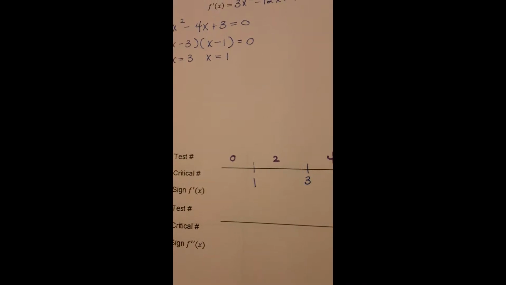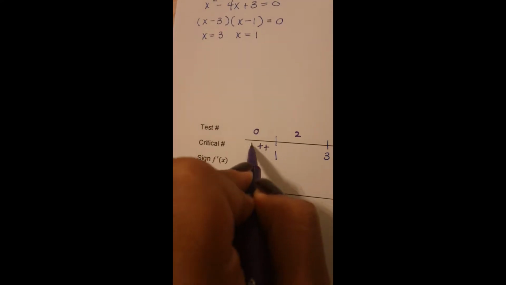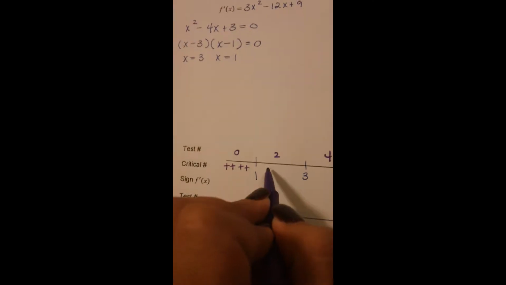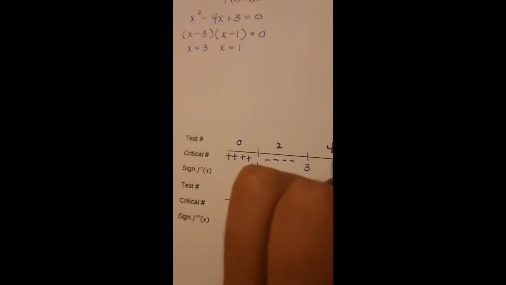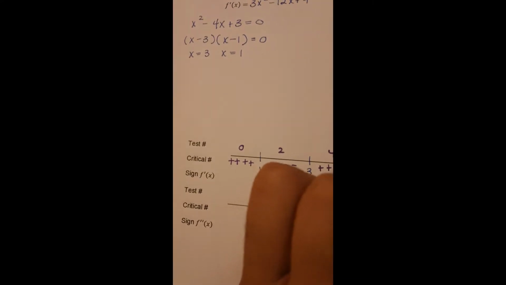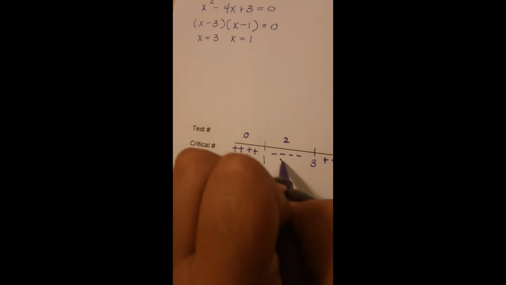Plugged these values into the derivative function, not the original one. And when it was 0, it was increasing. When it was 2, it was decreasing. And at 4, it was increasing again. So it went up, came down, went up.